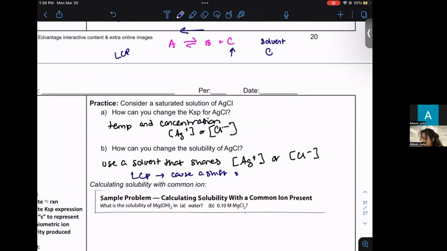Rate of forward versus rate of backwards in the equilibrium position, AKA a shift in dissociation, right?